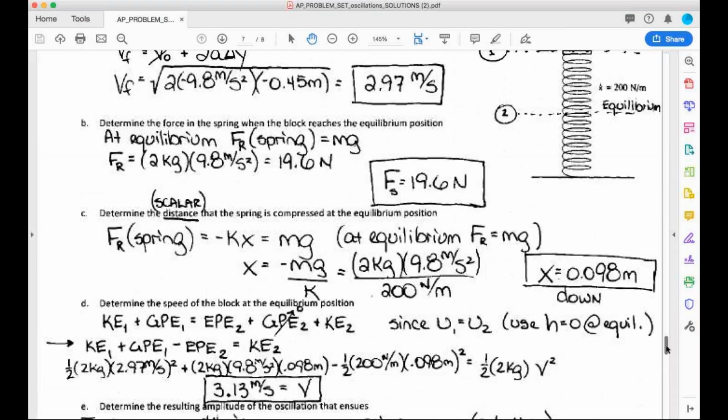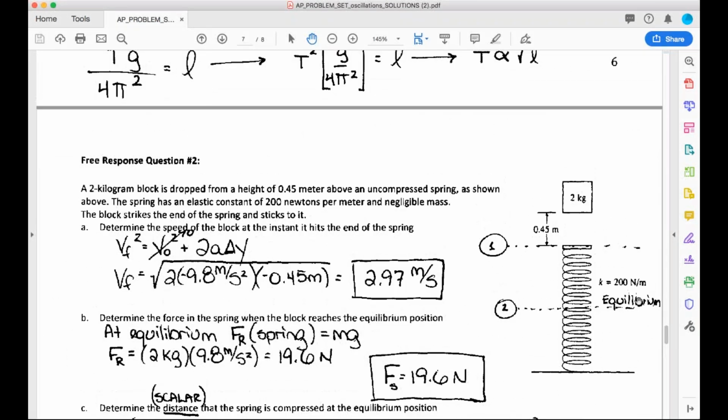In this type of problem, it actually would behave identically if the system were a traditional spring mass system on its side. If I had some sort of spring mass oscillator on a frictionless surface vibrating back and forth this way, that's the same thing that's going to happen when this 2 kilogram block reaches its equilibrium position.